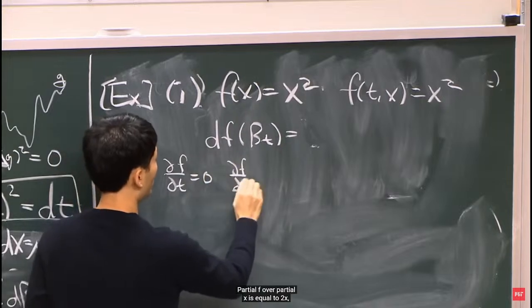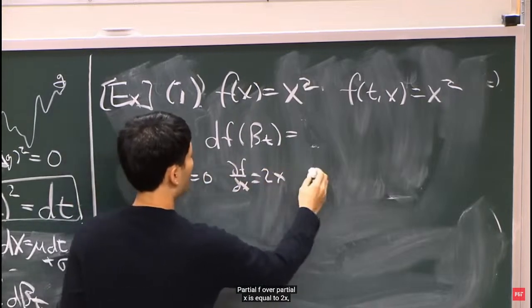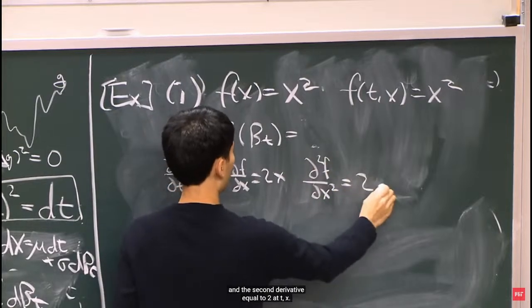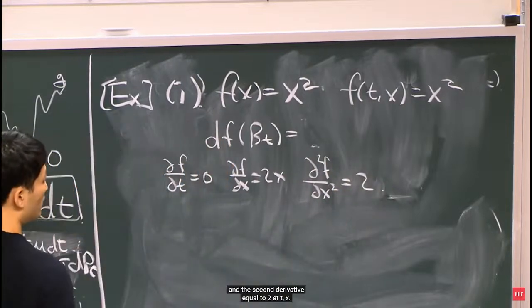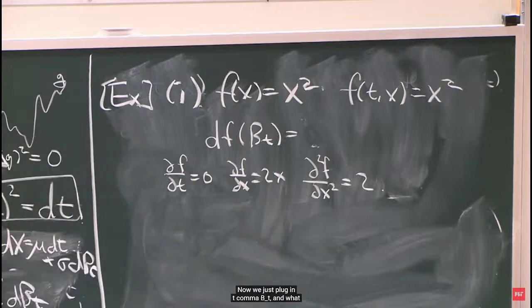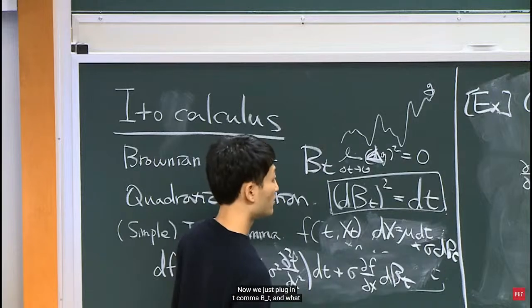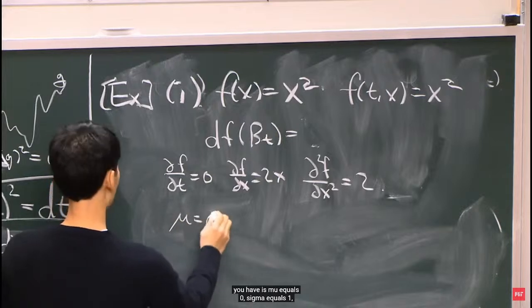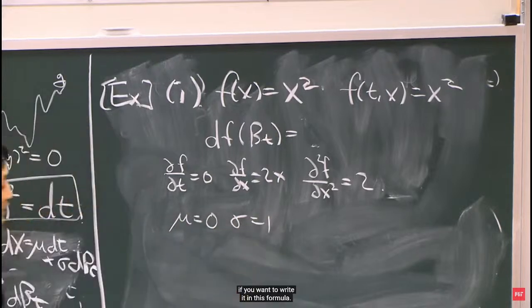Partial f over partial x is equal to 2x, and the second derivative is equal to 2, at t, x. So now you plug in t comma B_t. What you have is mu equals 0, sigma equals 1, if you want to write it in this formula.